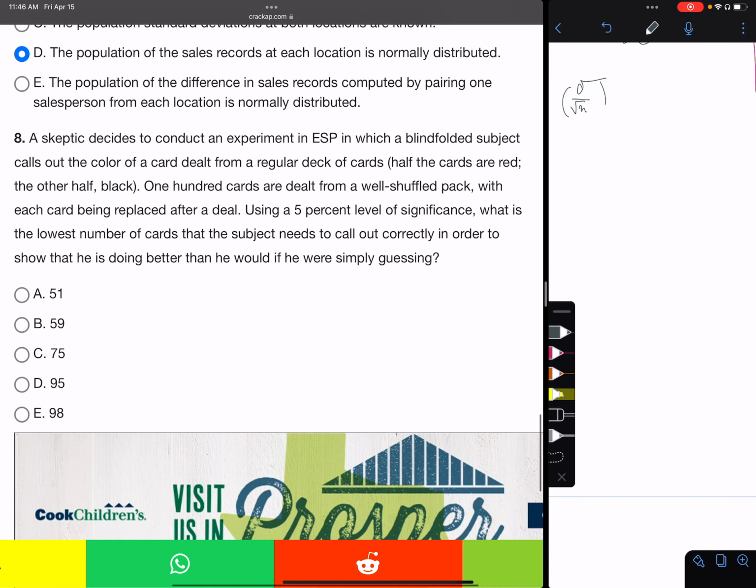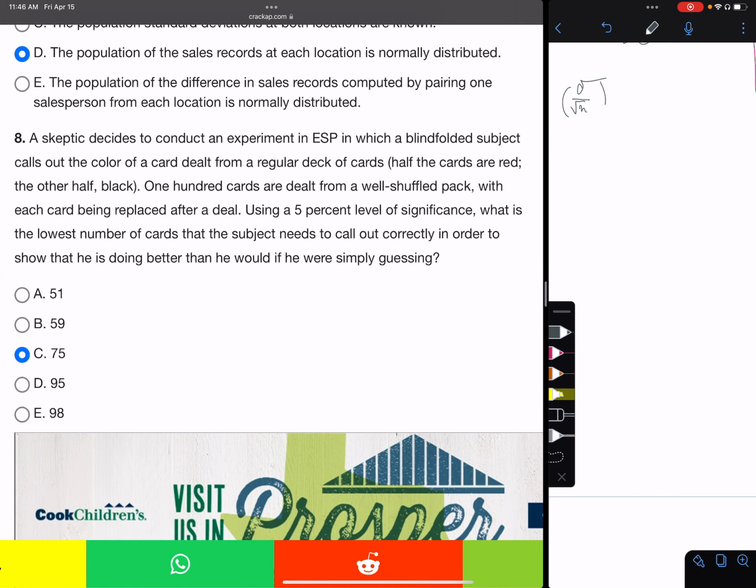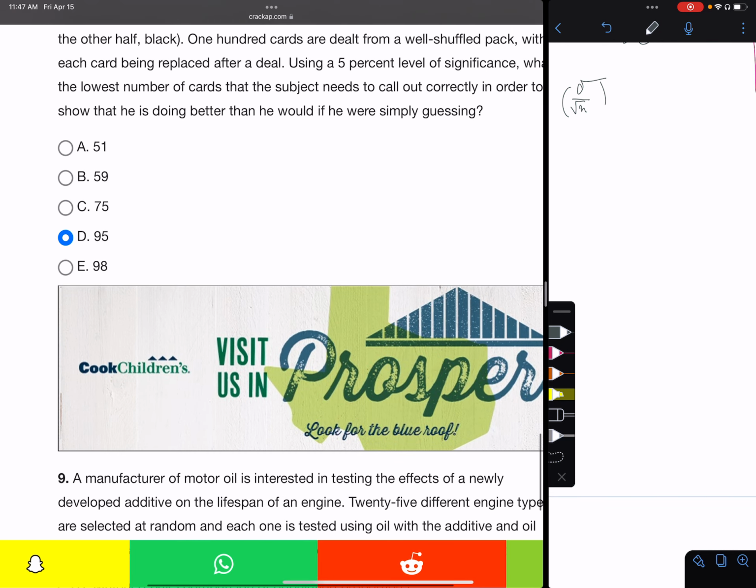It's going to be like, wait, there's another equation for this. To say that he's simply guessing, because with a 5% significance level, it's abnormal to get, yeah, it's 95. You can get more than 95.